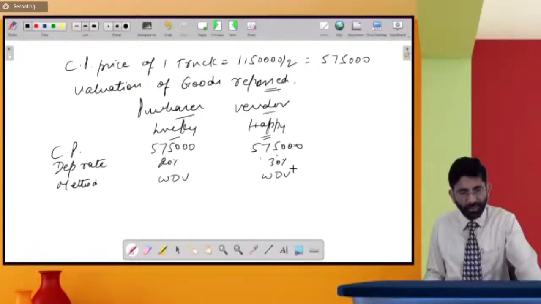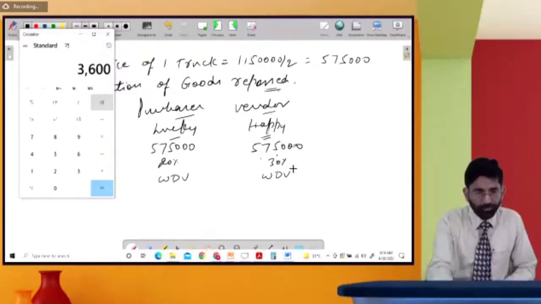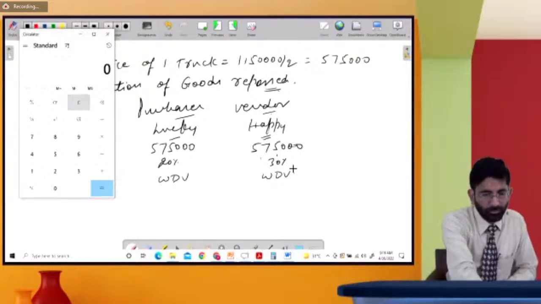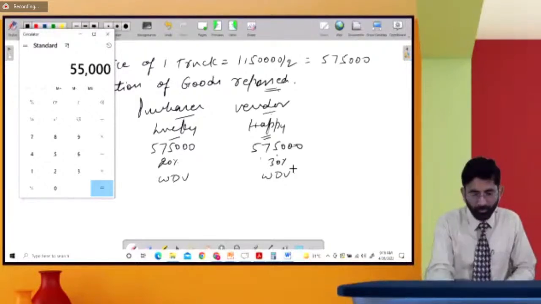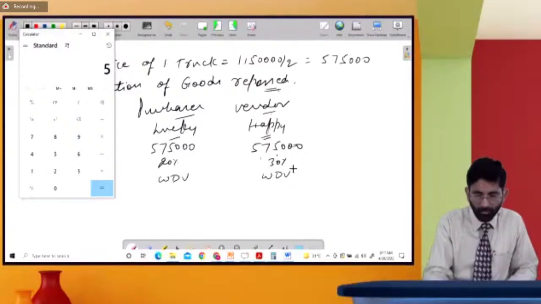I'm doing it very simply. Three years depreciation is to be charged.